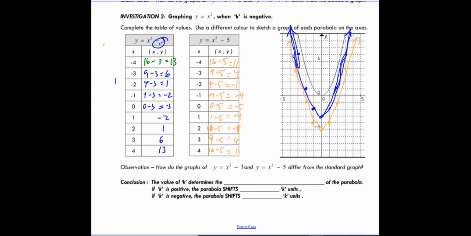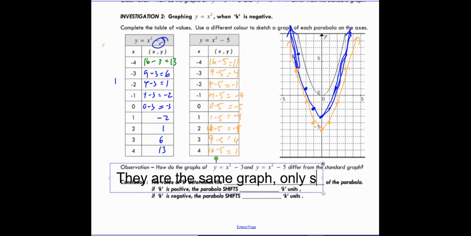How do the graphs of x squared minus 3 and x squared minus 5 differ from the straight graph? They are the same graph, only shifted down.